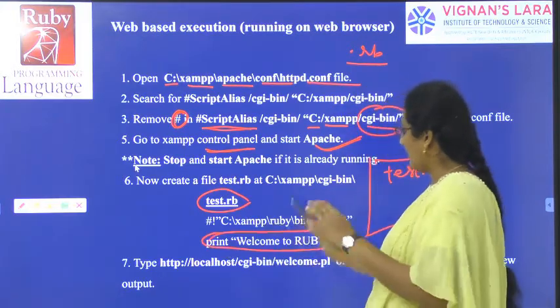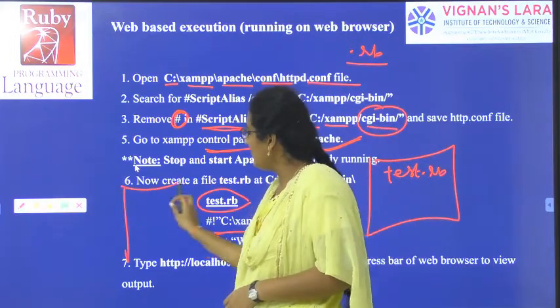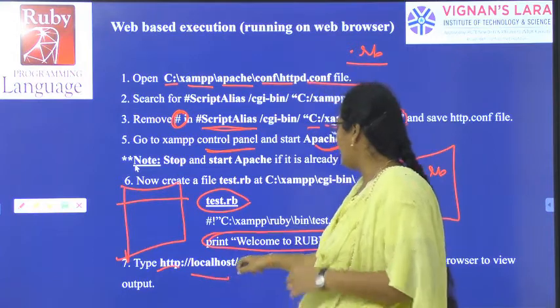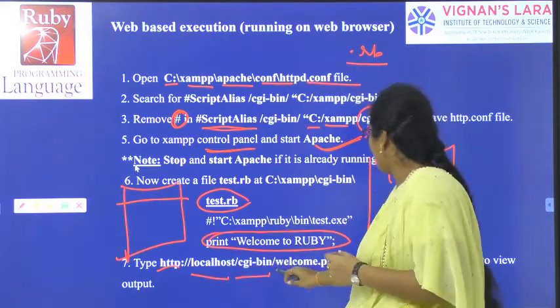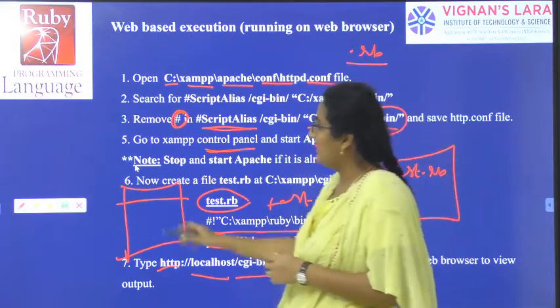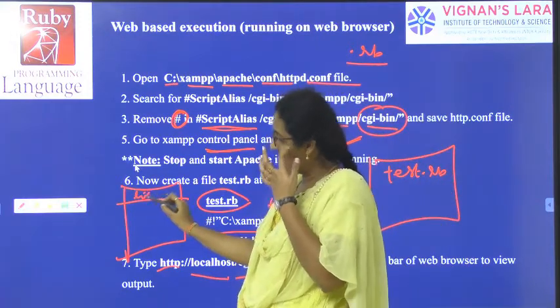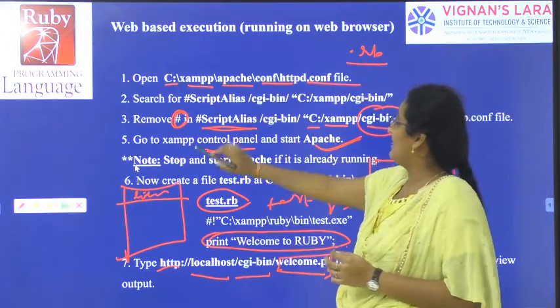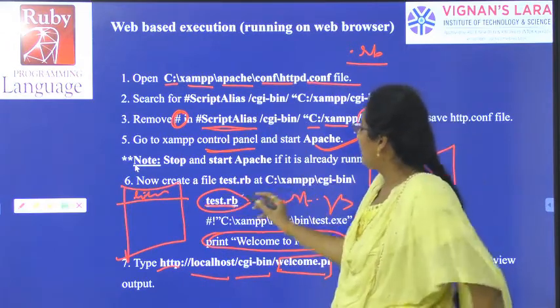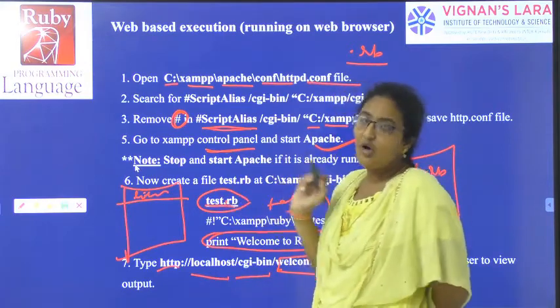Then you can open the web browser. In that web browser you have to type http localhost CGI bin and the program name, test.rb. So first you should create a file test.rb, because it is Ruby programming, so the extension is .rb.